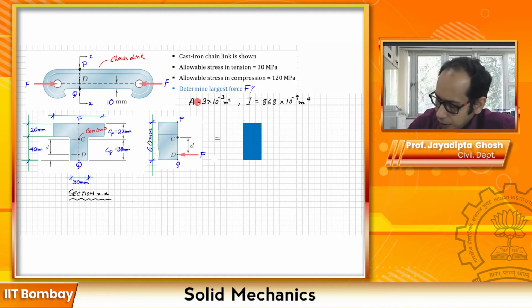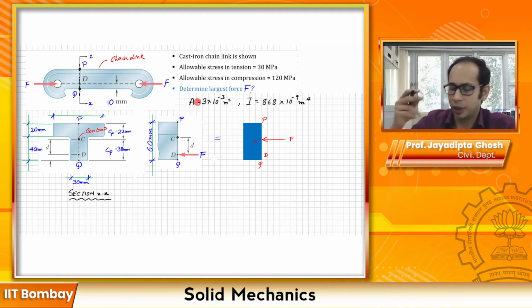Here again I have my points P and Q. I have my point D where the force was originally acting, and this is my centroid C over here. But now I am going to apply the force F at the centroid; I have transferred it to that point. In addition to the force, I have to have a moment. What will be the direction of the moment?